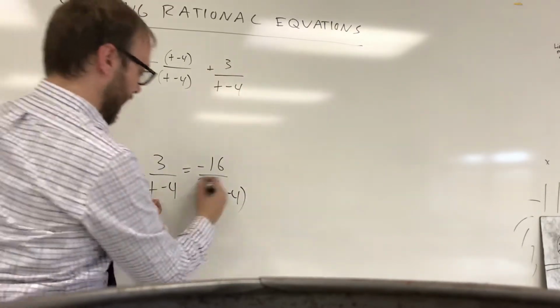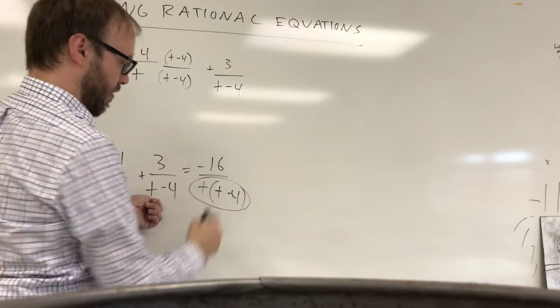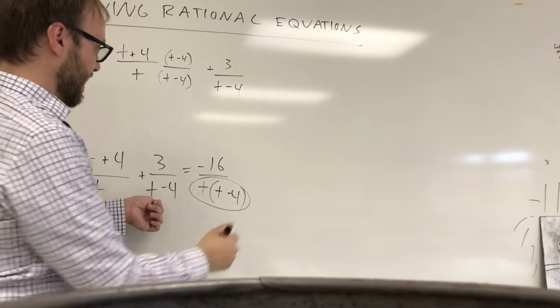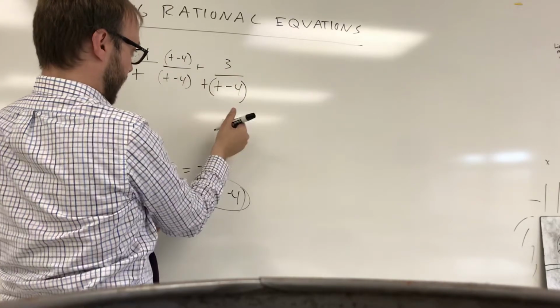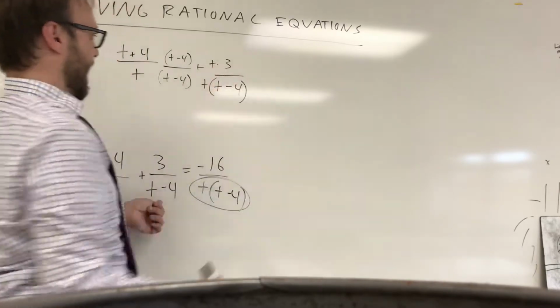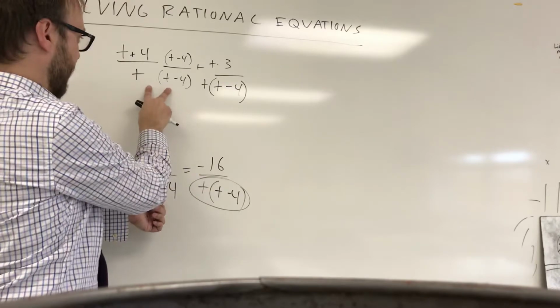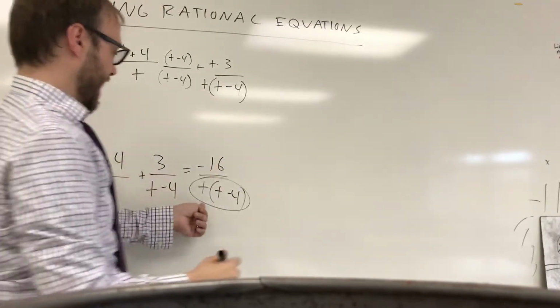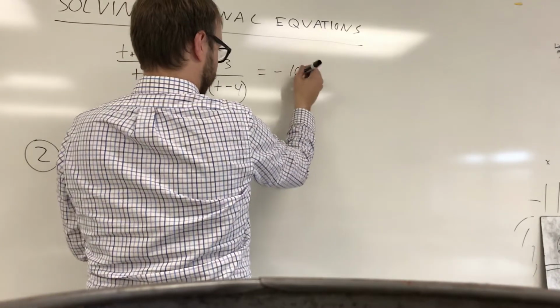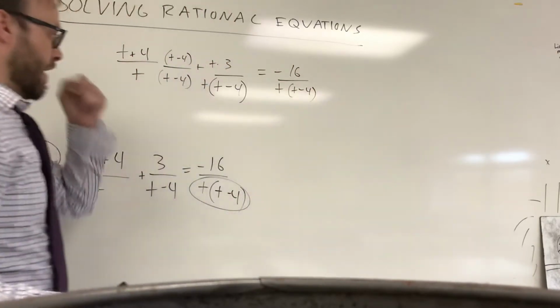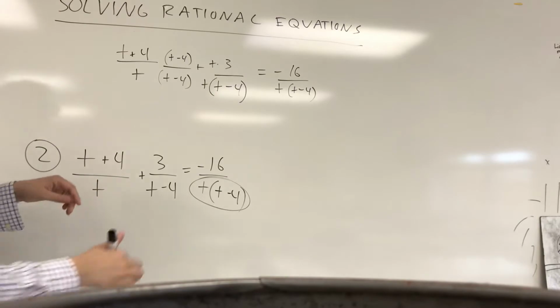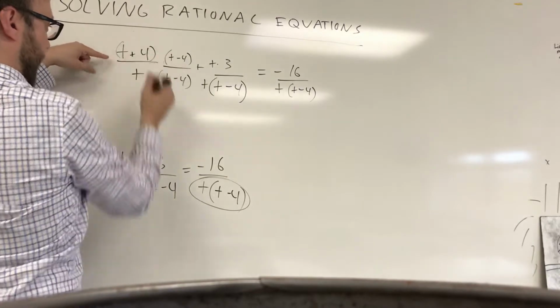Our common denominator here needs to be t times the quantity t minus 4. So this needs to be multiplied by t in the numerator and in the denominator, and then we would have the same denominator that we have with this other term here. And it's equal to negative 16 over t times the quantity t minus 4, and of course that already has the common denominator.